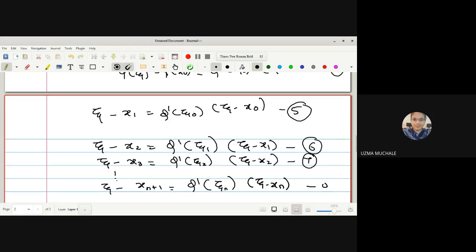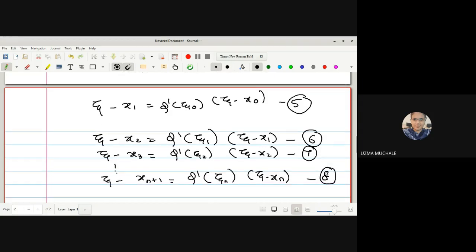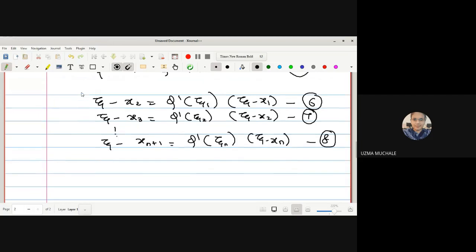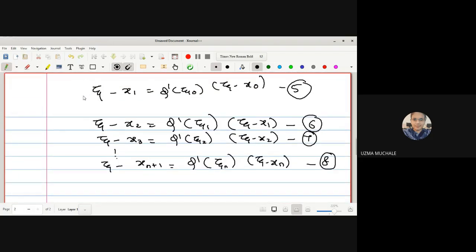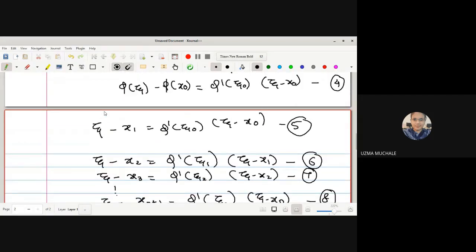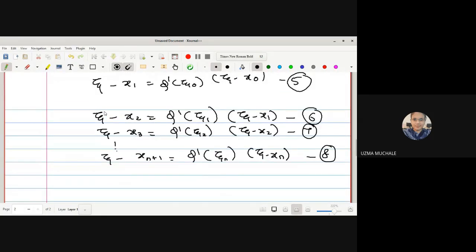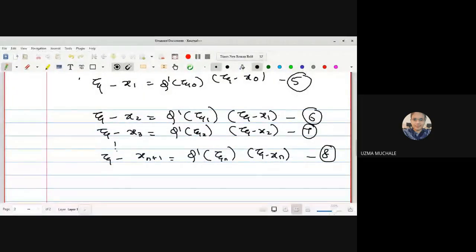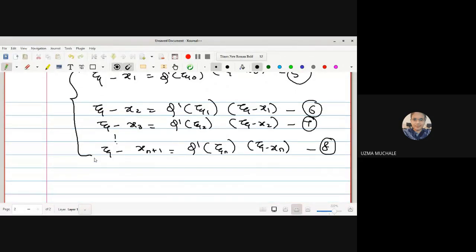Say this is our equation 8. No doubt we are getting many equations in between. Here we are writing these equations from x naught up to xn. We have to make use of this statement later on.